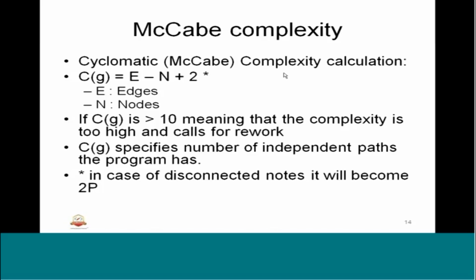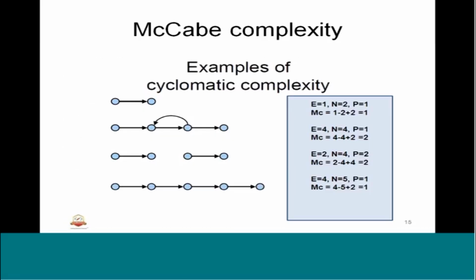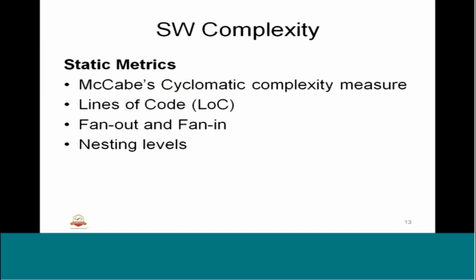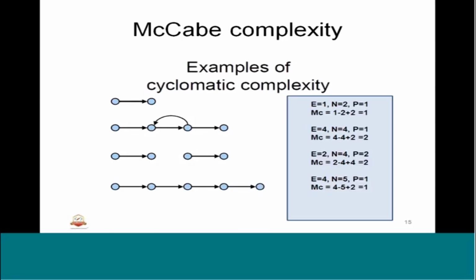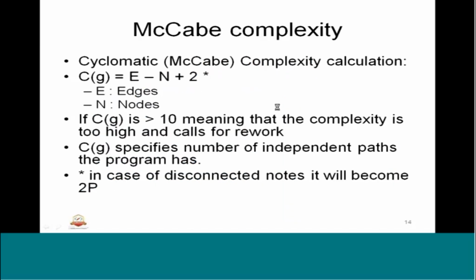Okay, let's try to understand a simple example of cyclomatic complexity. This is from a reference from the web, and I can just explain it to you. In the first one, we have 2 nodes and 1 edge. You can see edge is 1, node is 2, and P is 1.